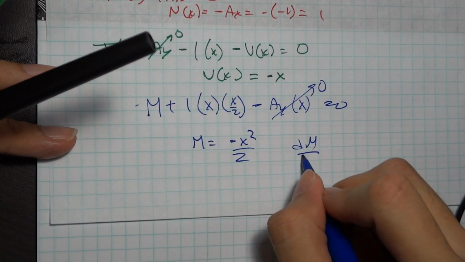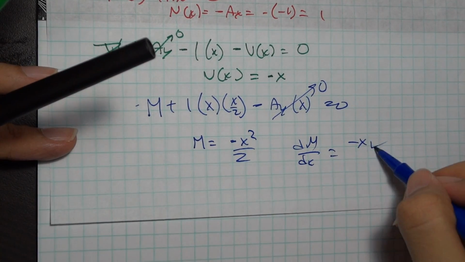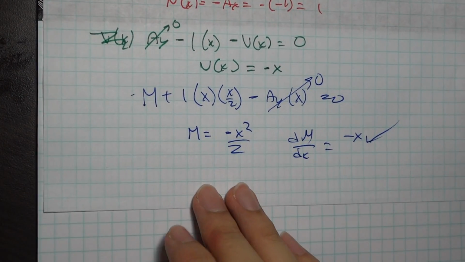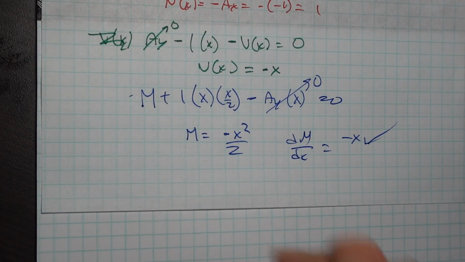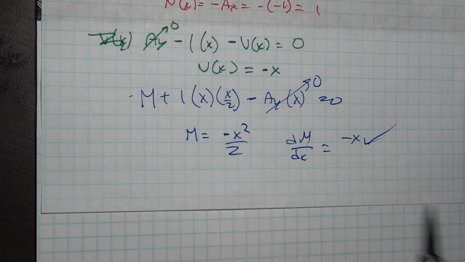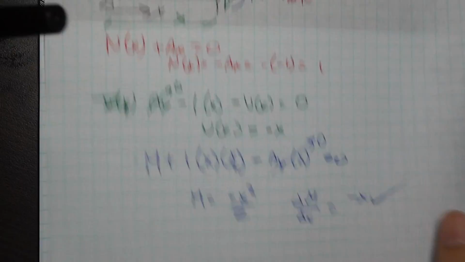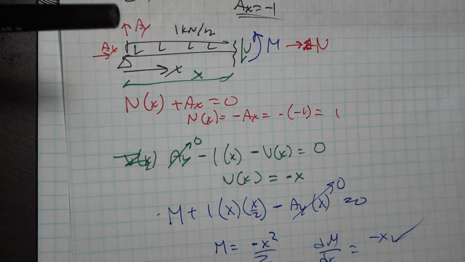And to check, dM/dx equals negative x. So we are okay, so these are our equations for this member. And note that was just like any other member, right? It was just like what you do for any component of any moment shear diagram you've done before. This is all ordinary.